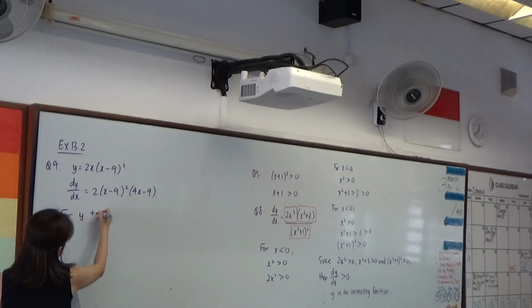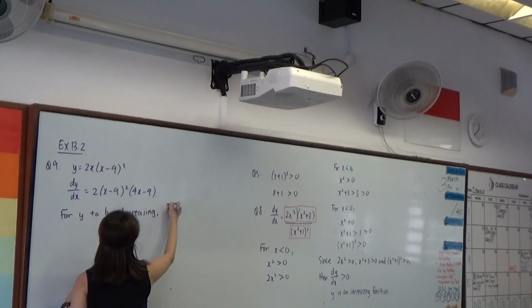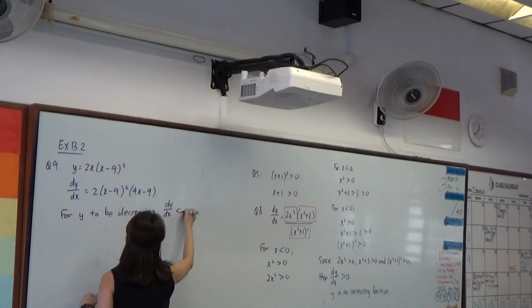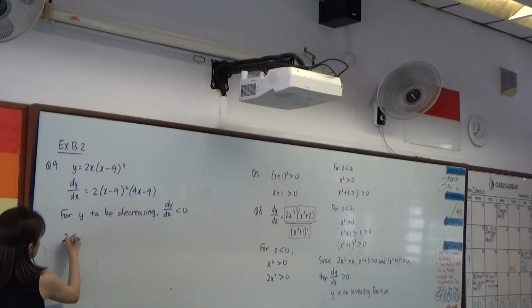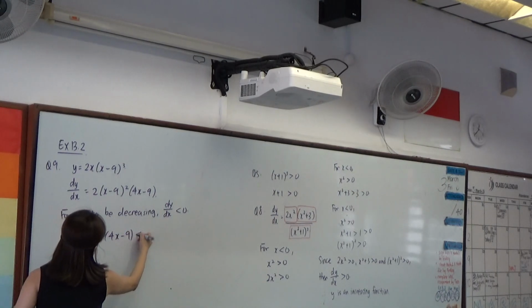So for y to be decreasing, we know that our dy over dx must be less than 0. Okay, in other words, this expression here has to be less than 0.